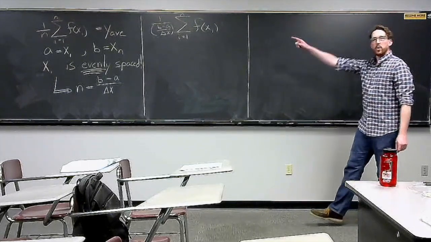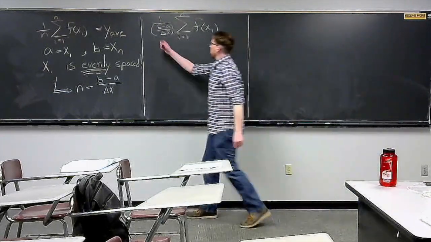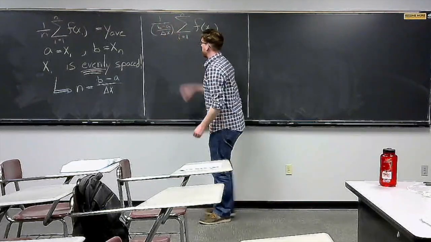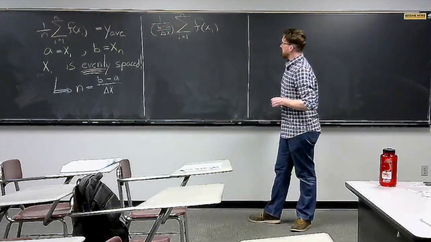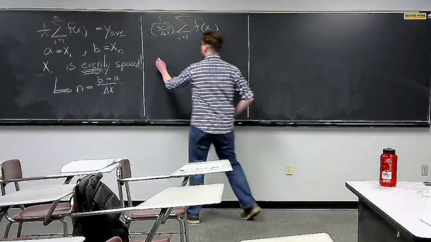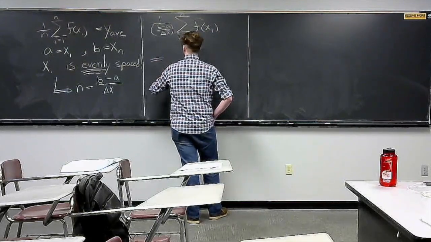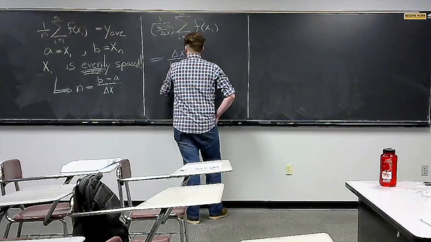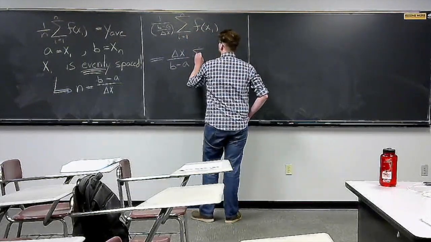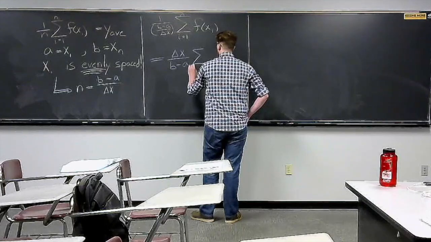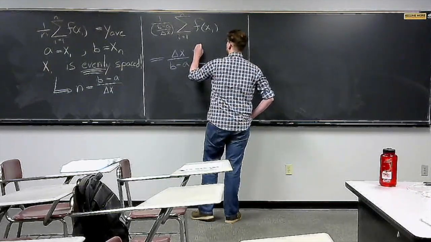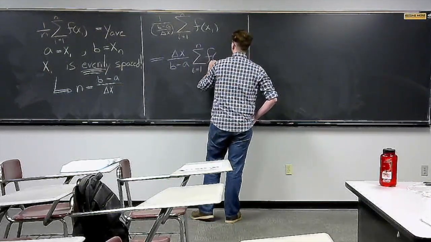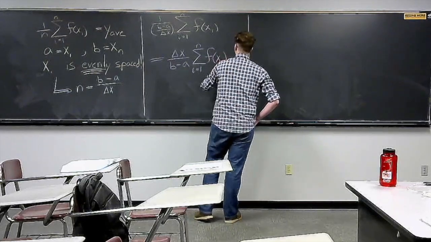Well, that thing we could rewrite. We could flip all this around and make the math a little bit easier for us. So doing that really quickly, that's going to give us delta x over b minus a times the sum from i equal to 1 up to i equal to n of f of x sub i.